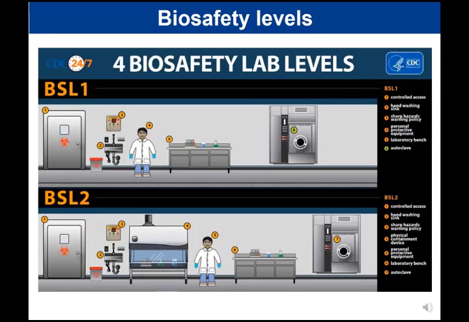This is a slide from the CDC, and it basically compares the different biosafety levels and what types of equipment would need to be in these labs to work with these types of organisms. In a biosafety level 1 or BSL 1, you would have controlled access, so you would have a door that can lock.